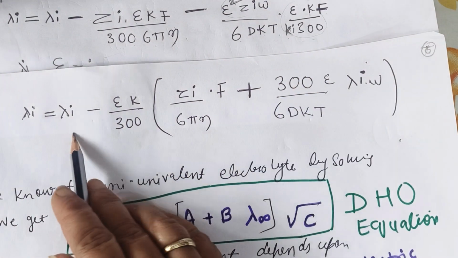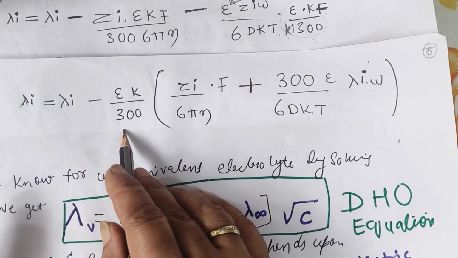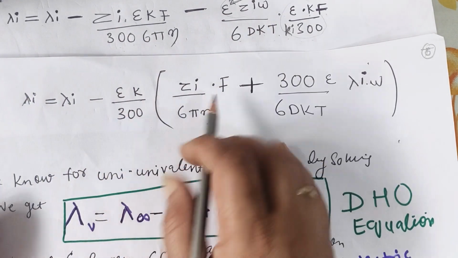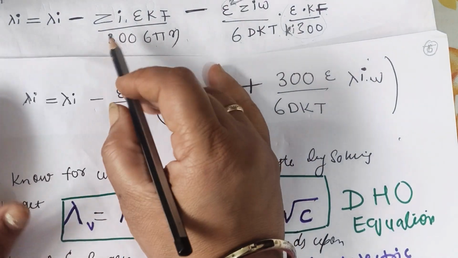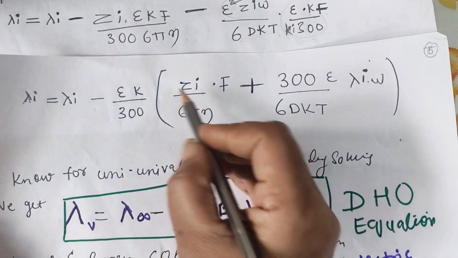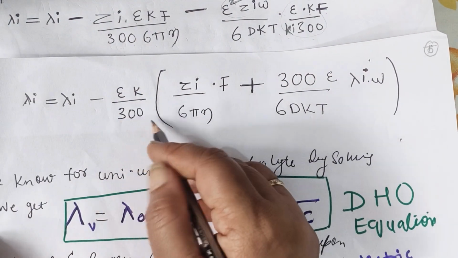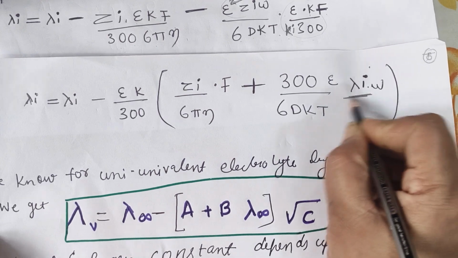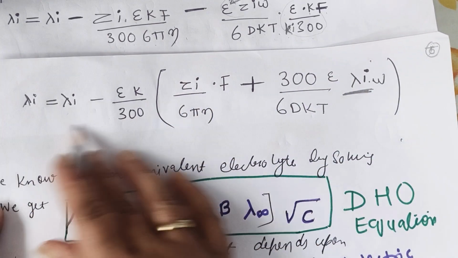Okay, so what you get finally: lambda I is equal to lambda I minus epsilon k by 300, and we are taking common from both the terms. What is common here? In place of zi epsilon 300, we are putting lambda I by f. So we have taken it common outside. In this term you have replaced lambda by f, so it will cancel the f and you will have the reduced form.